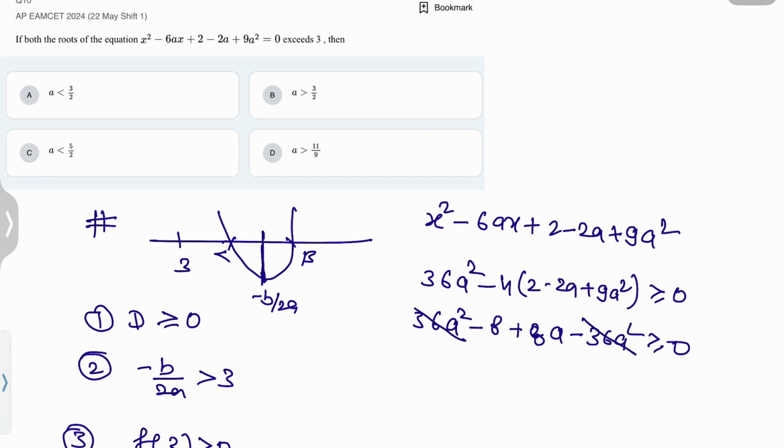So 36a^2 - 8 + 8a - 36a^2 is greater than or equal to 0. So 36a^2 cancels out. So 8a - 8 is greater than or equal to 0. So 8 cancels out, a is greater than or equal to 1.